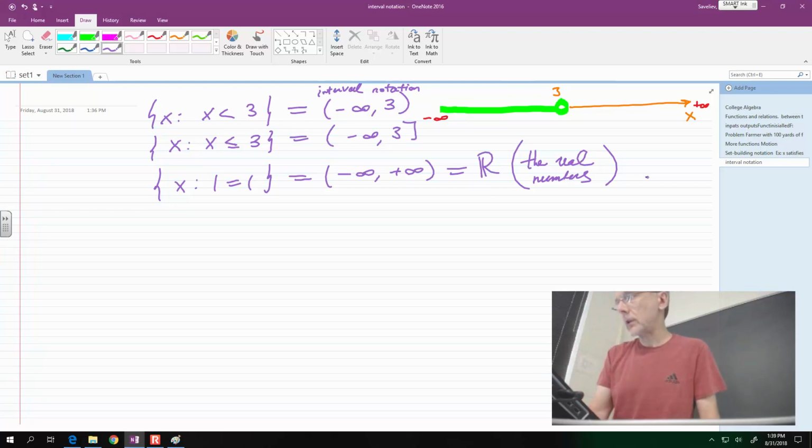Now finite intervals will be once again... Now let me just make a plot of this. So like this, both of them excluded. One excluded, one included, and both are included, like this.